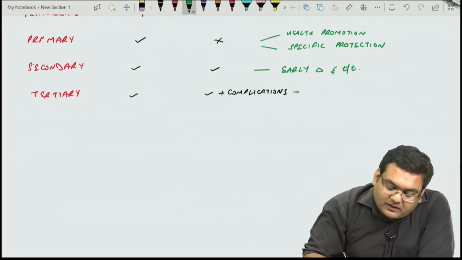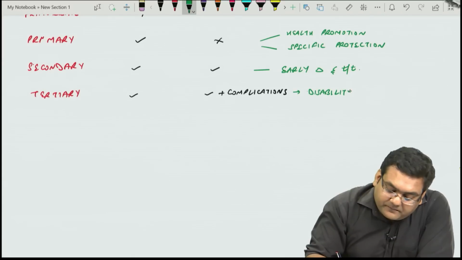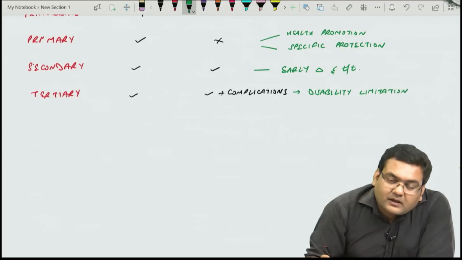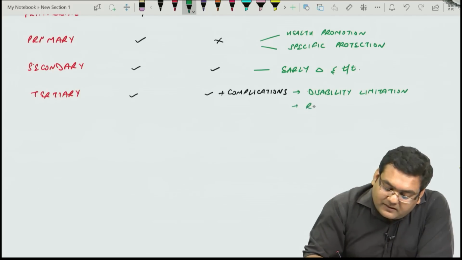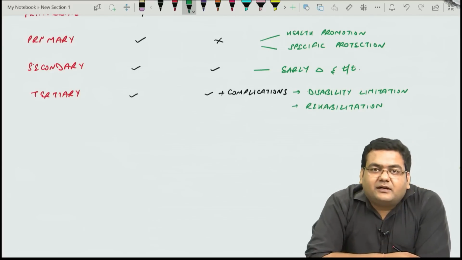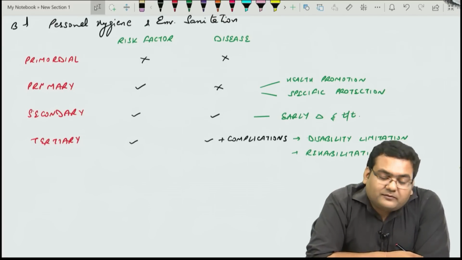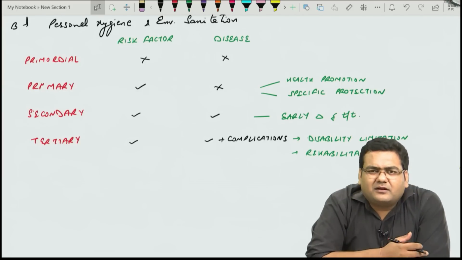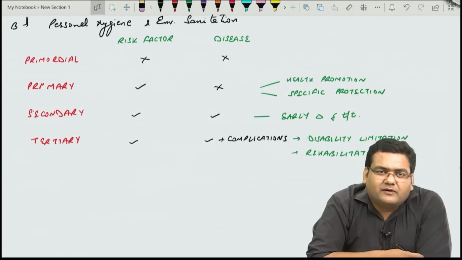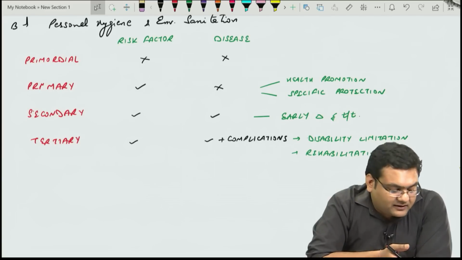And when we talk about tertiary, we talk about disability limitation and rehabilitation. Now the question was asking about specific protection. What does specific protection mean in primary prevention? It means the risk factor is present but the disease is not present.